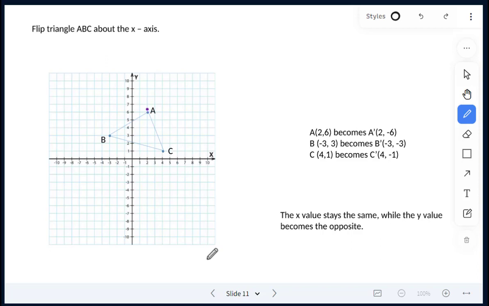So for here, count 1, 2, 3, 4, 5, 6 to the mirror line, and we're going to count from here now. 1, 2, 3, 4, 5, 6. There's our new point, and I'm going to label it A prime. So our new point is 2, -6.